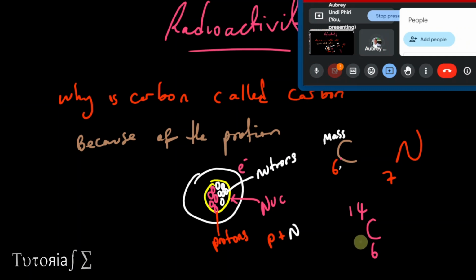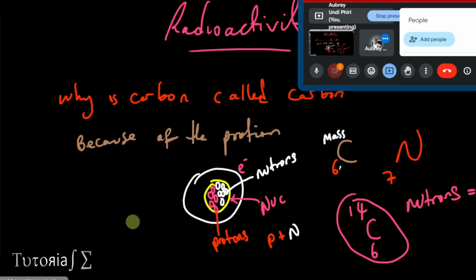And what's on top? The mass number. What is the mass number made up of? The sum of the protons and the neutrons. Very good. So the number of neutrons is 8.